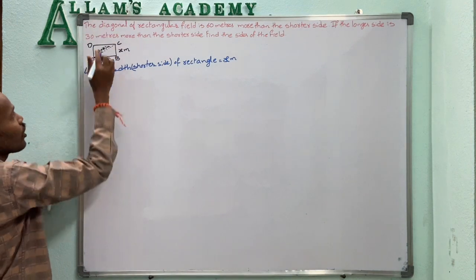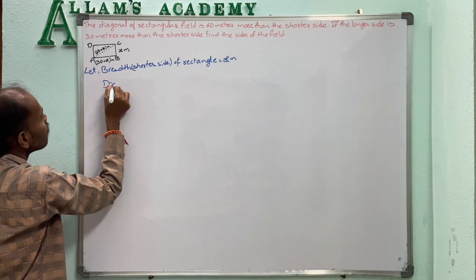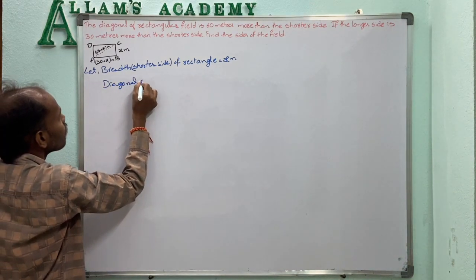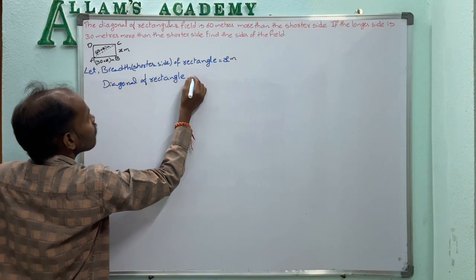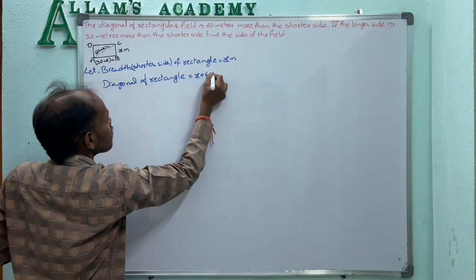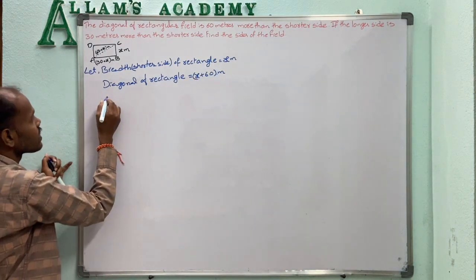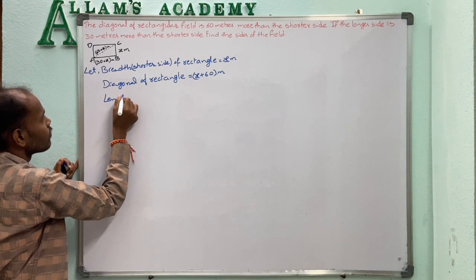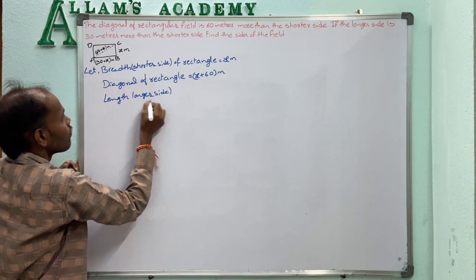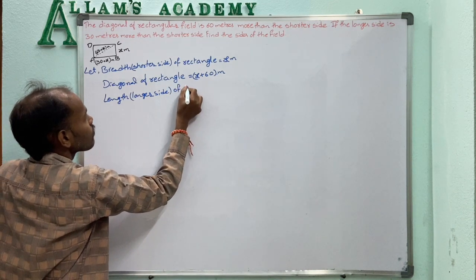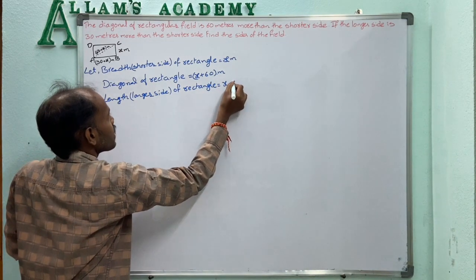Next, the diagonal is x plus 60 meters. Next, the longer side, that is the length, is x plus 30 meters.